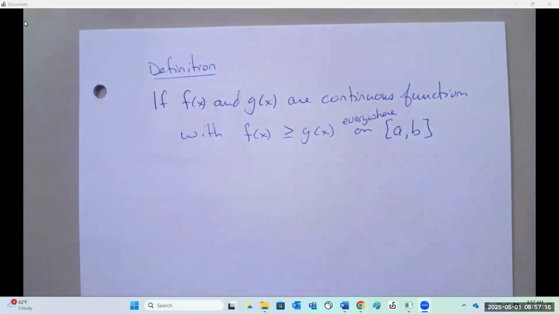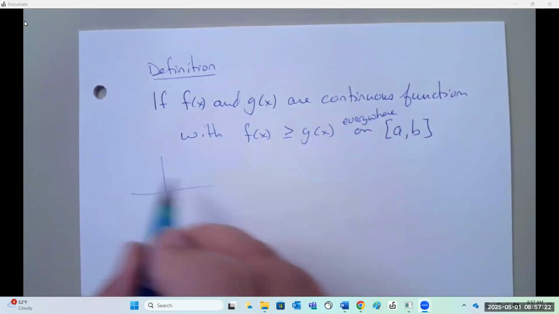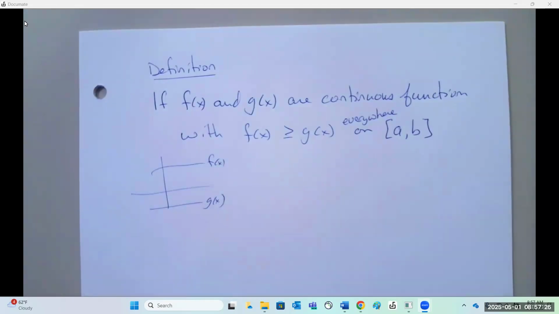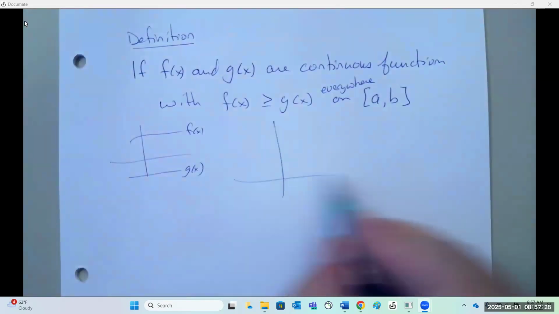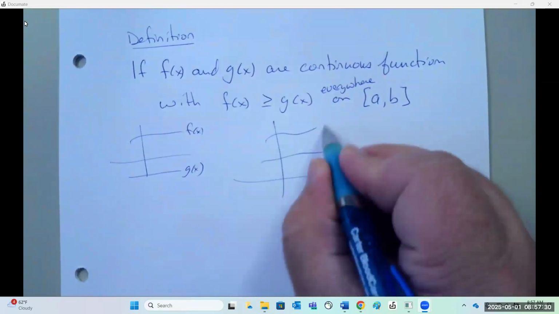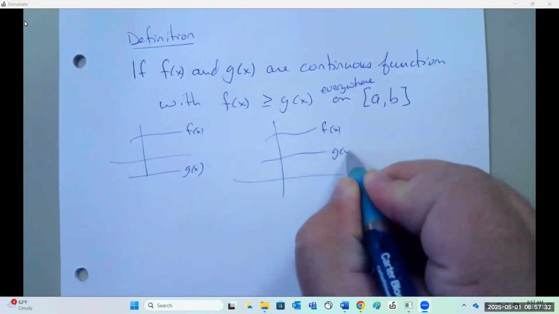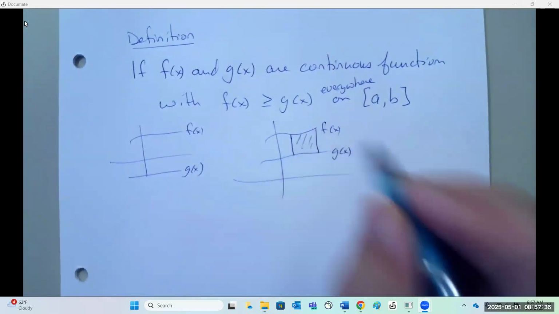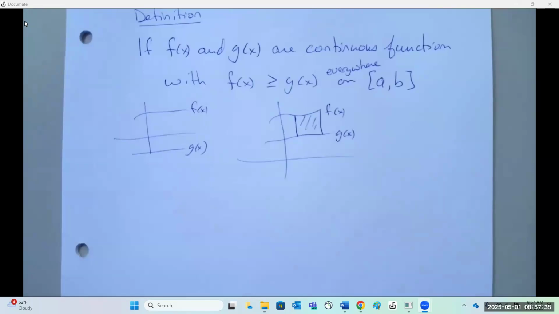Because if they cross, then we have to have multiple integrals. But we're not saying that f of x is bigger than g of x. It can also be on the same side. Here's f of x, here's g of x. The area is between these. It's going to be the same thing.